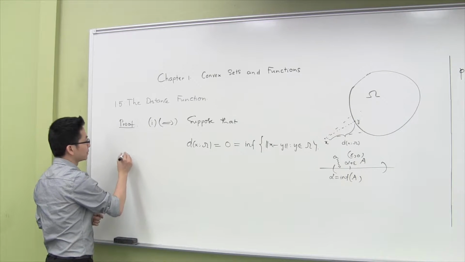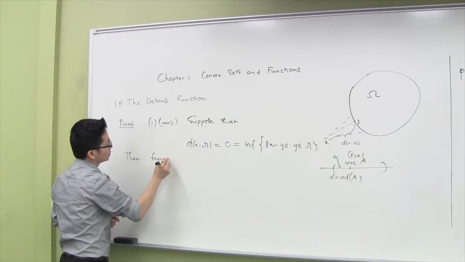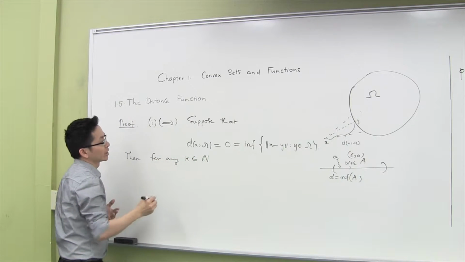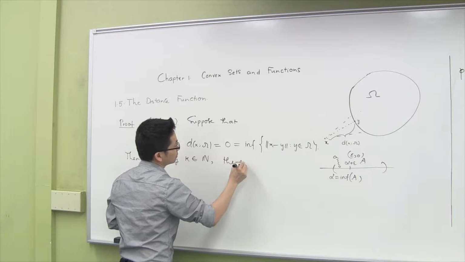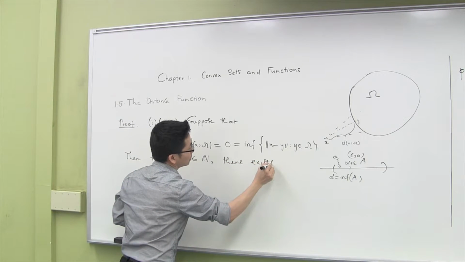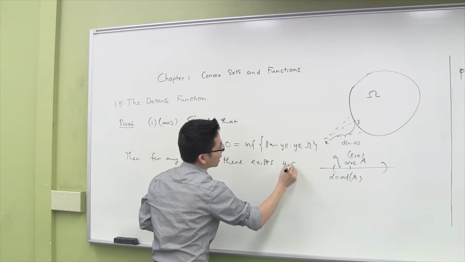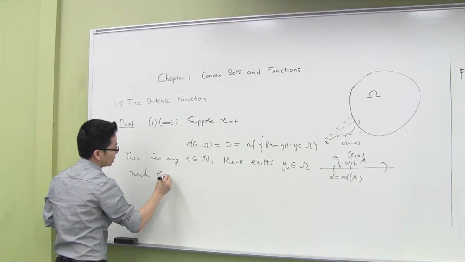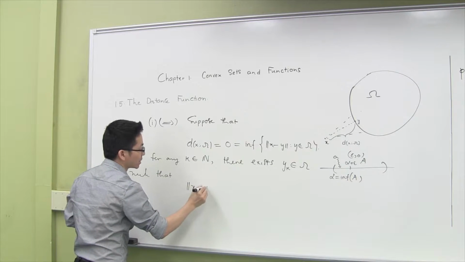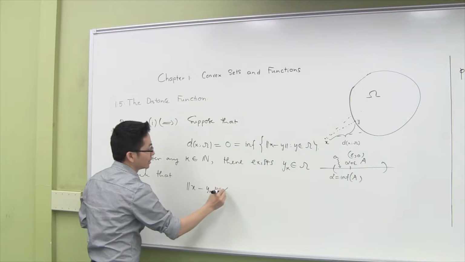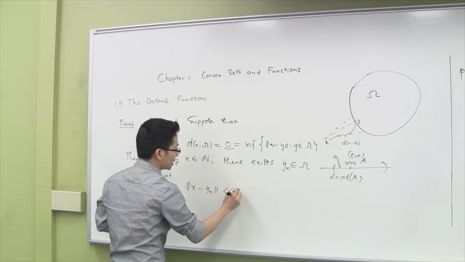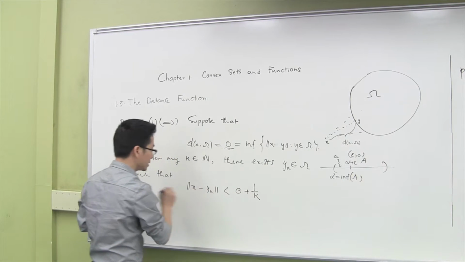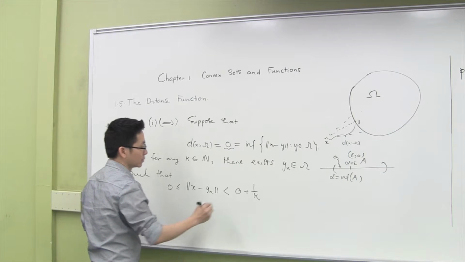Then for any k in N, for any positive integer k, there exists yk in omega such that the Euclidean norm of x minus yk is strictly less than the infimum, that is 0, plus 1 over k. And obviously, this is greater than or equal to 0.